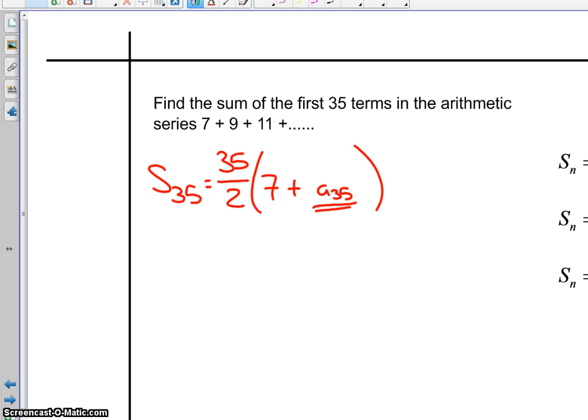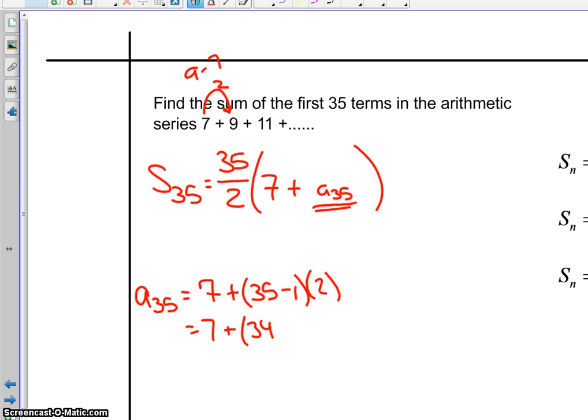One, I think it's easiest because we're dealing with a series, which is adding up all the terms in a sequence, let's use the sequence formula to find the 35th term, because we know the first 35 terms. My common difference, 9 minus 7 is 2. I can calculate that. So 7 plus 34 times 2, 68 plus 7. So now I have this term to be 75.